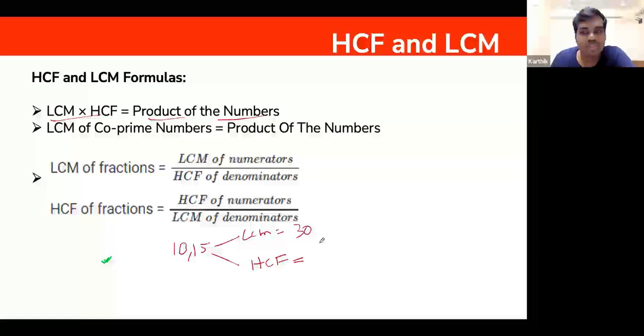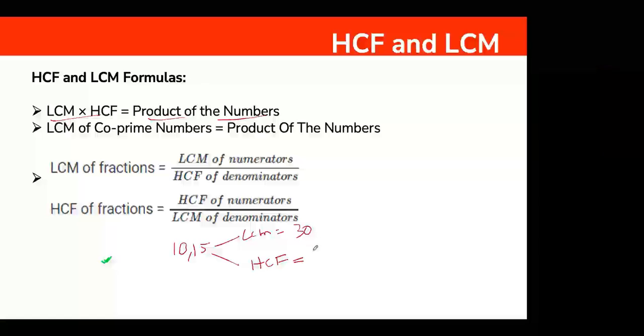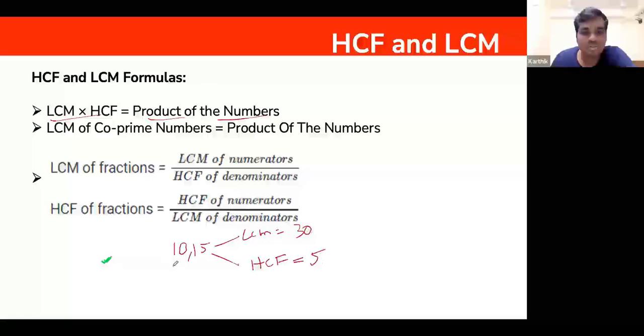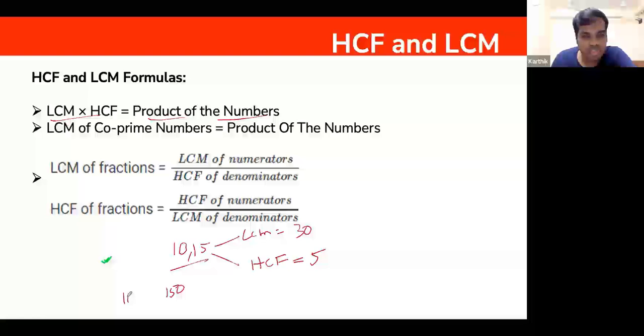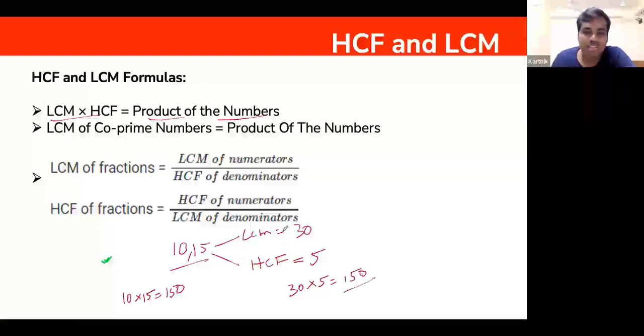The HCF of 10 and 15 is 5. So multiply 10 and 15, which is 150. Multiply 30 into 5, which is 150 again. So that is what they are saying here. Product of their LCM and HCF is product of the numbers.